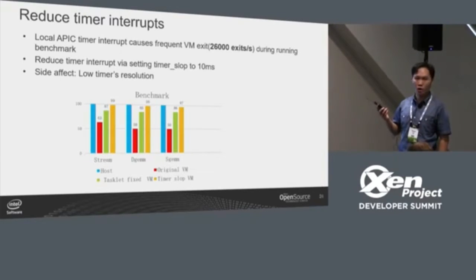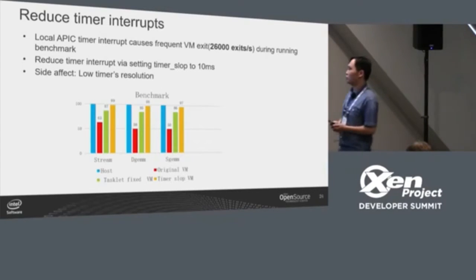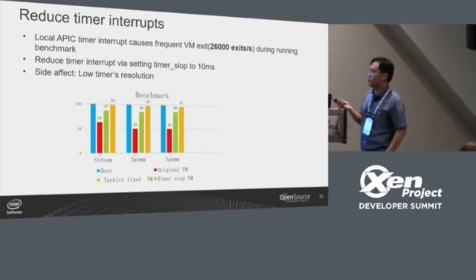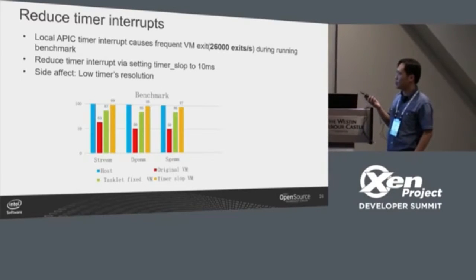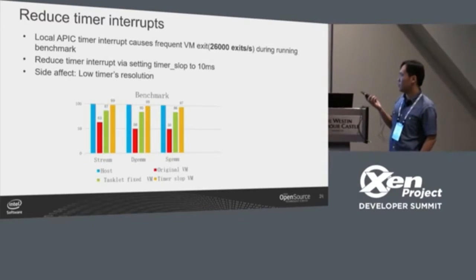It helps to increase the timer interval and then reduces the local APIC timer interrupts. After this change, we can get very close to native data. The stream can reach about 99%. DGEMM and SGEMM can go up to 97%.